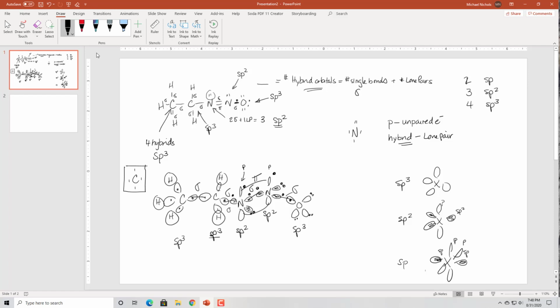The unpaired electrons are going to go in the hybrid orbitals that are going to overlap head to head to form the sigma bonds.